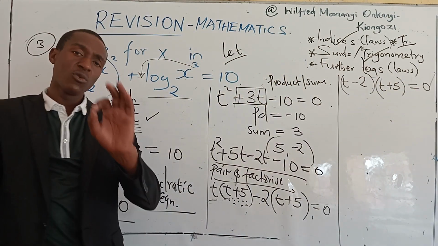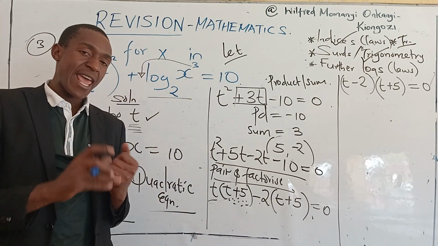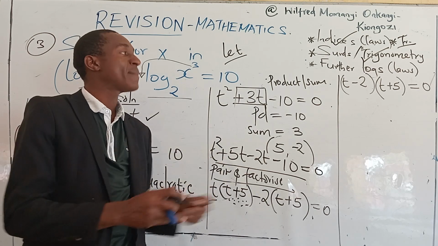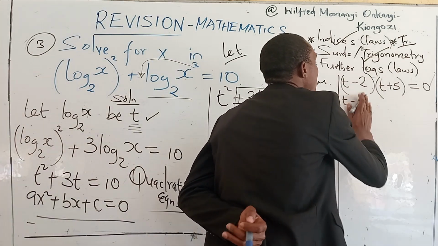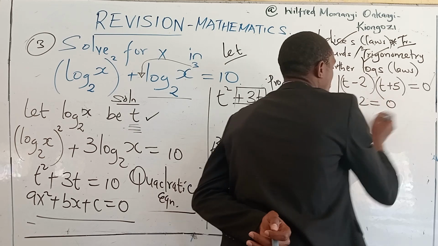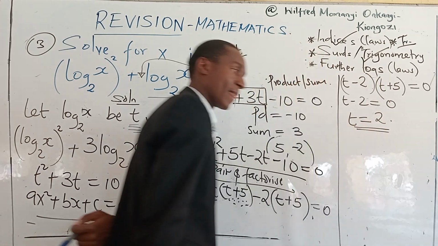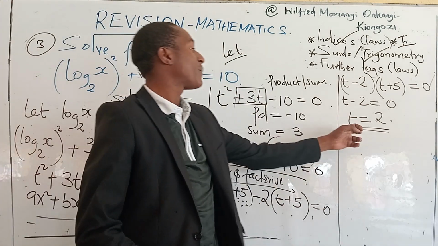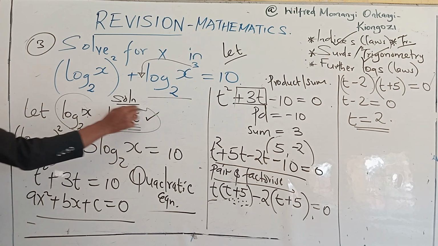When you are multiplying two values and the answer is 0, either or both of them are zeros. Assume t minus 2 is equals to 0, then t is going to be positive 2. And if t is positive 2, you bring it back to this point.